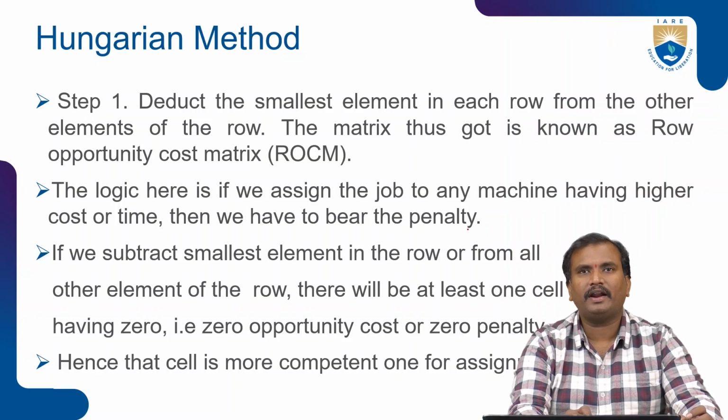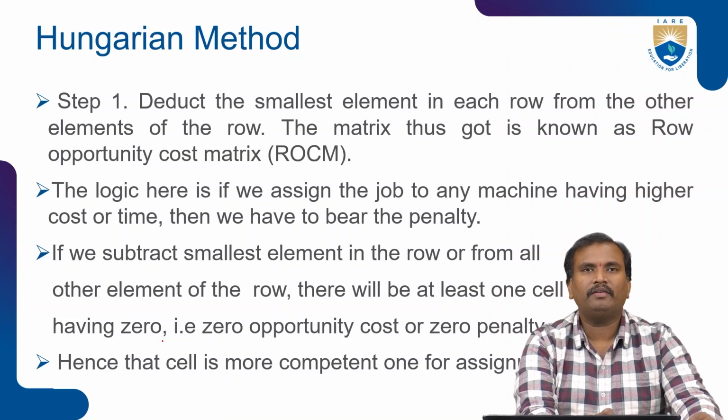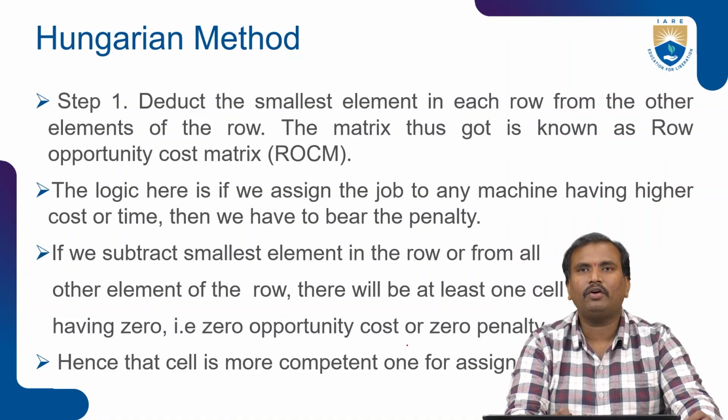If we subtract the smallest element in the row from all other elements of the row, there will be at least one cell having 0. There will be one cell which has 0, that is 0 opportunity cost or 0 penalty.